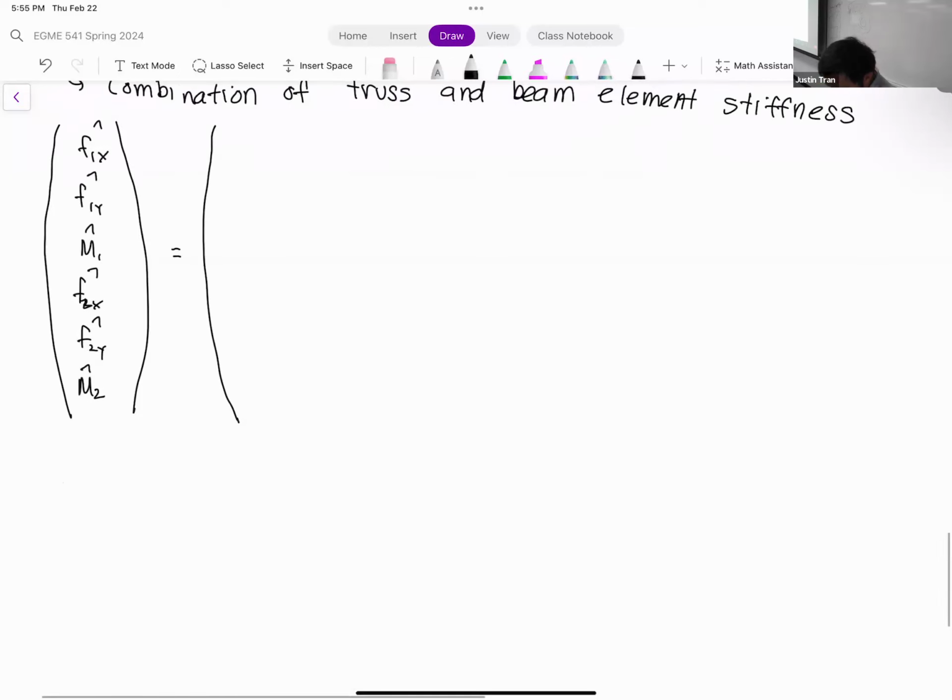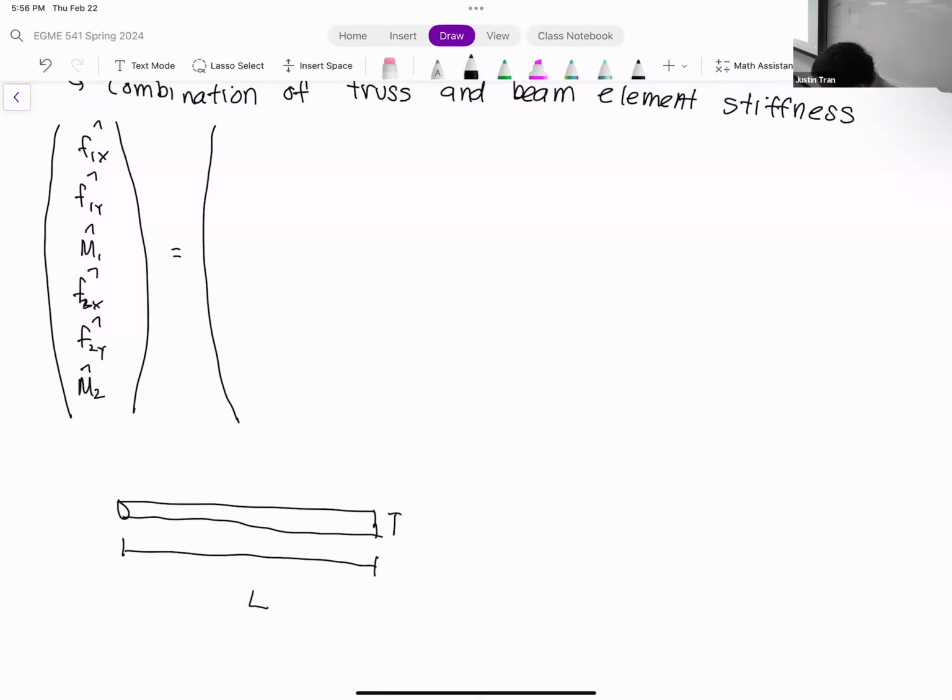Let me label all the symbols here because there's going to be a lot going on. For a frame element, we have its length L, and its cross-sectional area A, the cross-sectional area of the frame element itself.